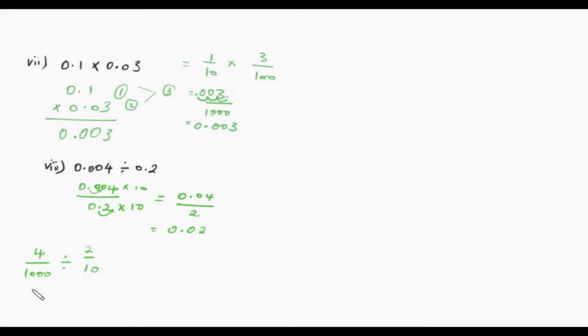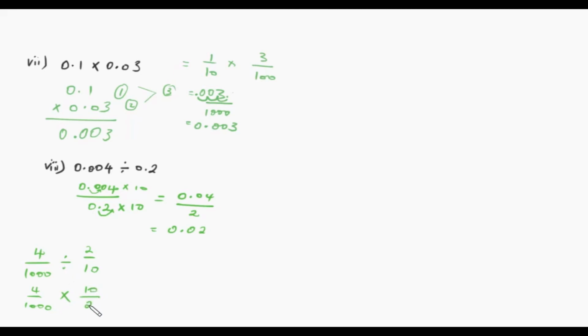So what happens is that you will have 4 over 1000 multiplied by 10 over 2. That's the procedure. You change the division to multiplication and you turn this fraction upside down. When you divide by a fraction, that's what you do.